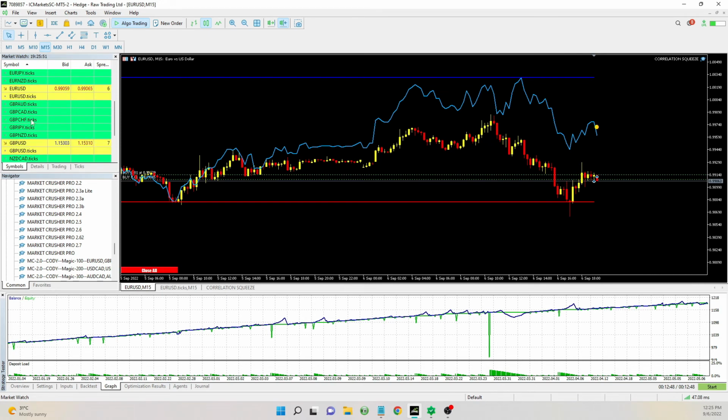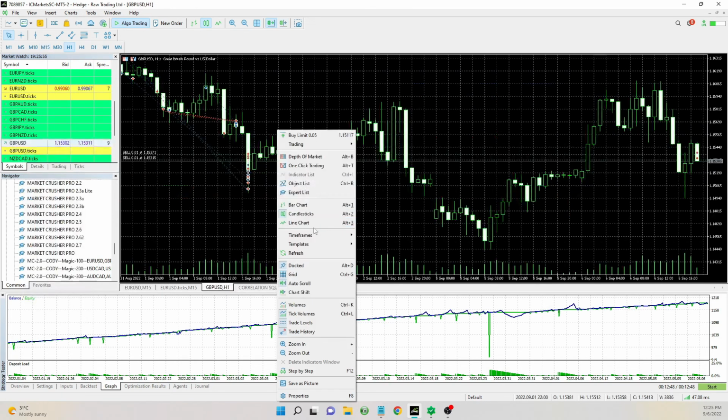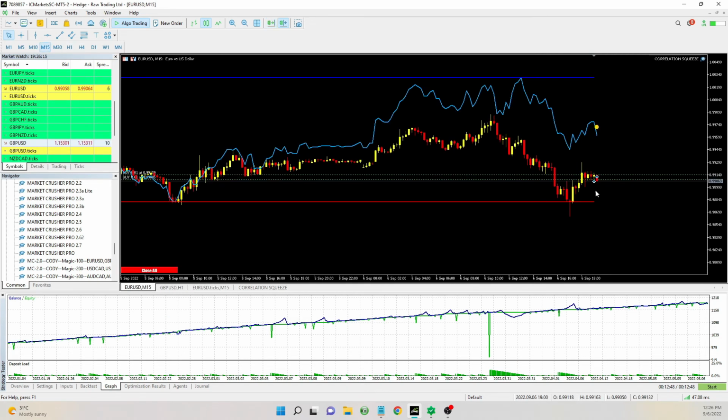Now if we load the British pound chart, let's take a look at that. If we notice, the British pound also opened up two positions because it's closing the gap here, right? If you look at it carefully, the Euro USD is actually losing because it was winning, so it opened up an additional position.